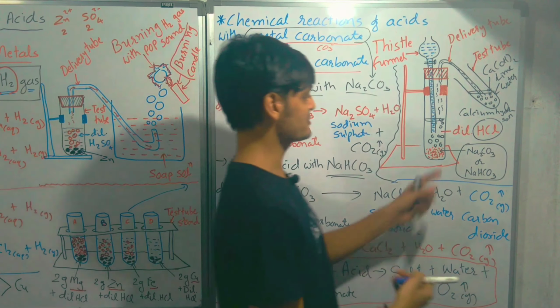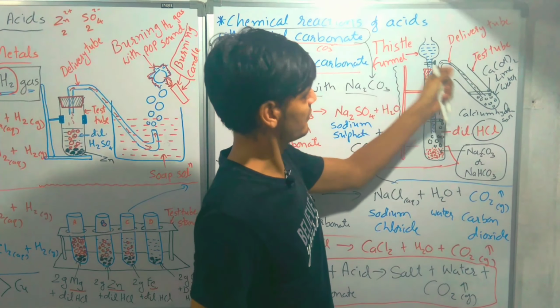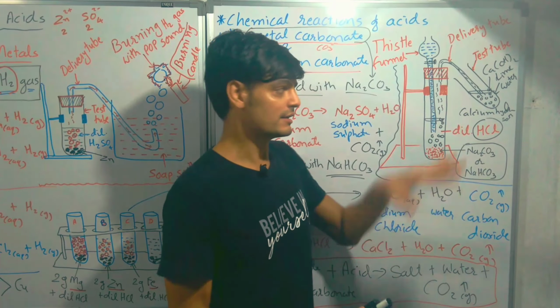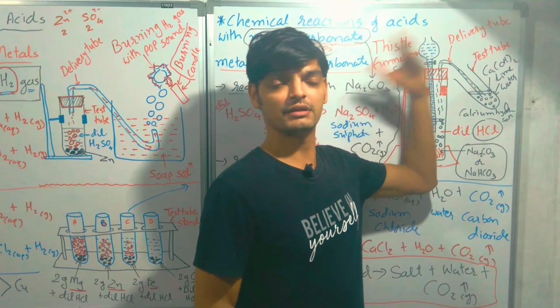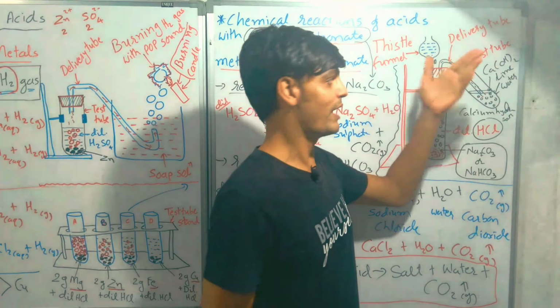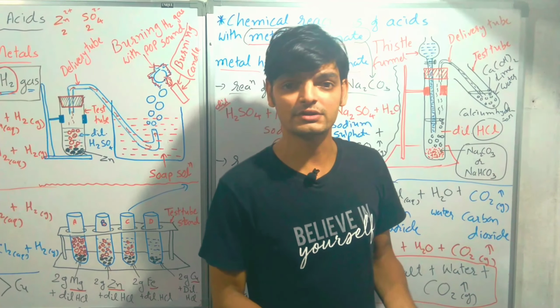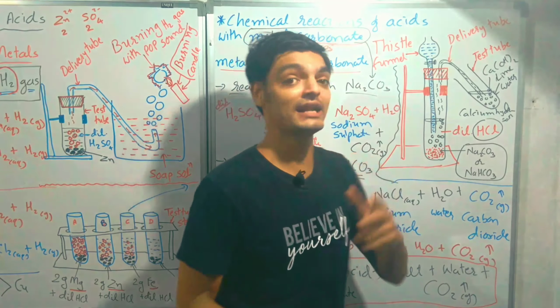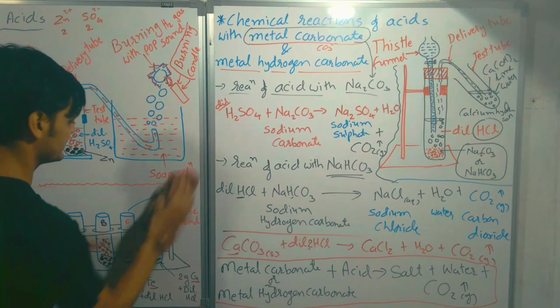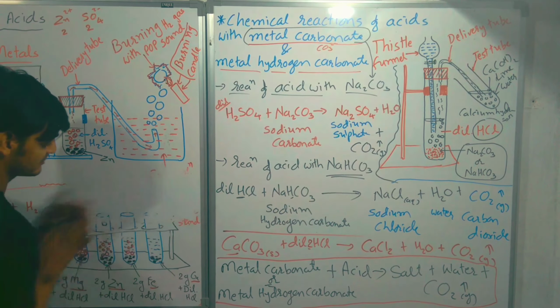When the carbon dioxide is forming from here and passing through the delivery tube into this calcium hydroxide solution, which is colorless, it becomes a white milky solution. Why is it forming a white milky solution? Because of the formation of calcium carbonate. Let me explain this reaction here.